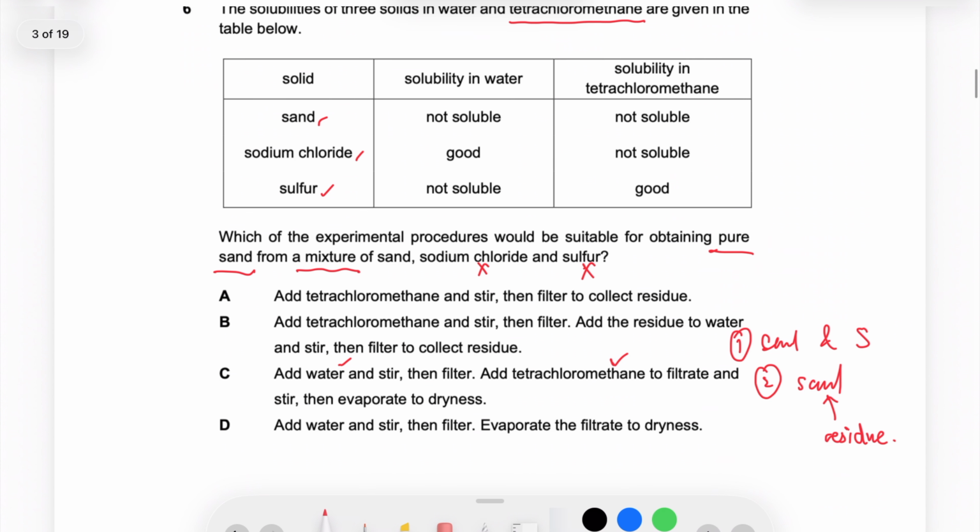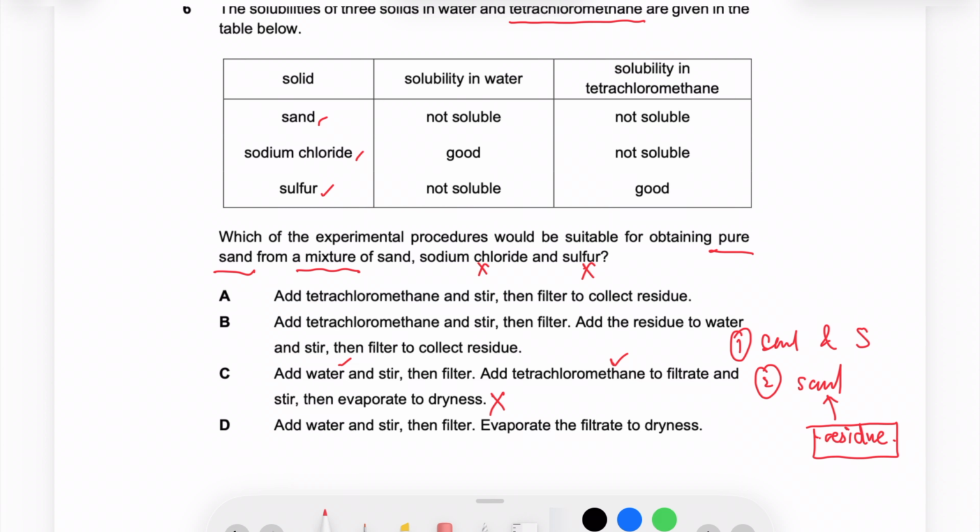Just let me confirm the answer. Okay, C actually is wrong, because you want to obtain it as a residue.